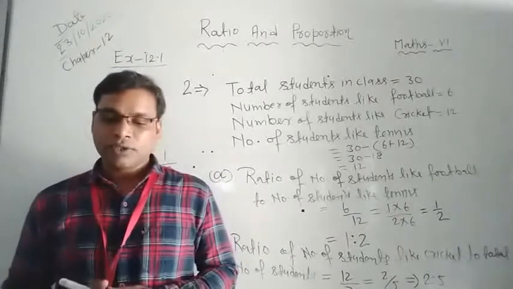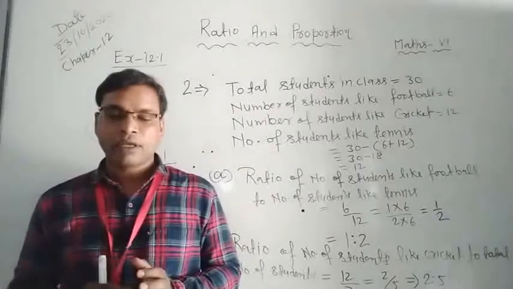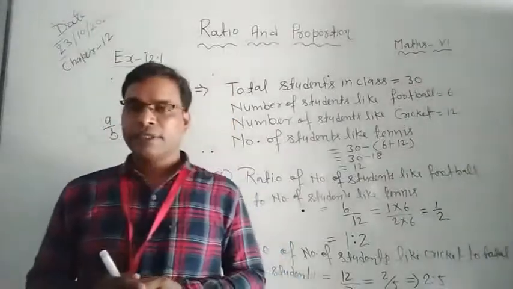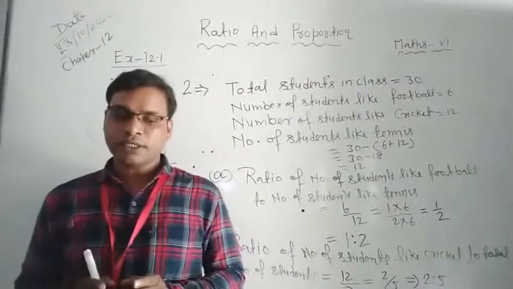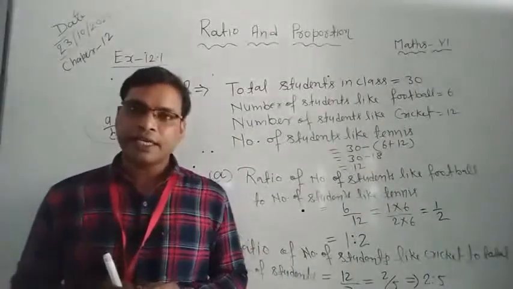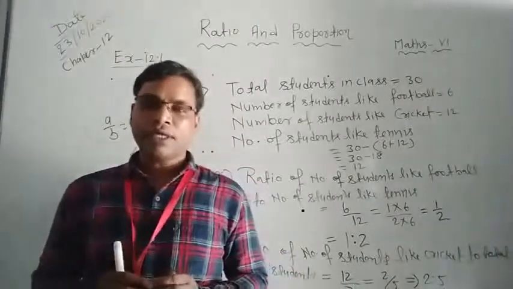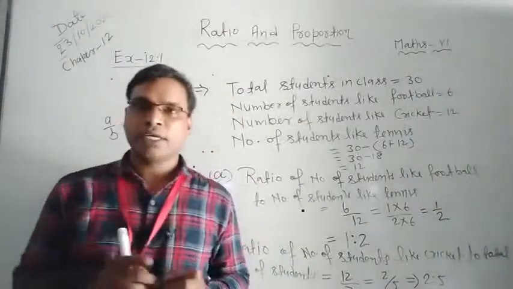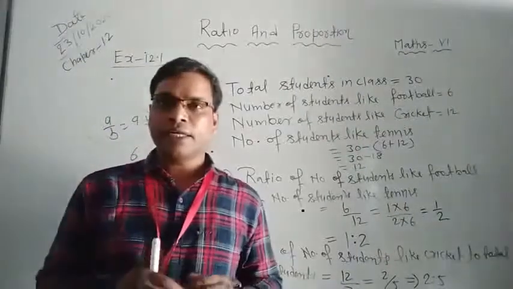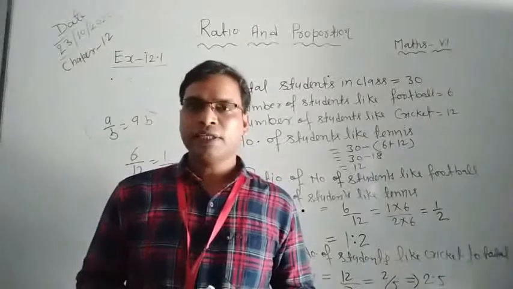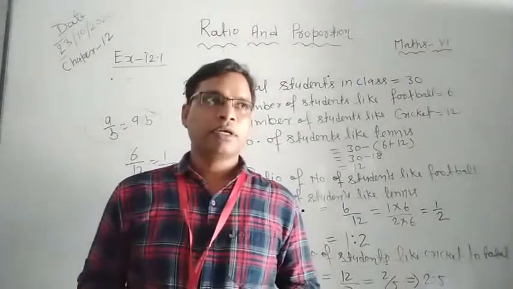In total there are 7 figures inside the rectangle, of which 2 are circles, 2 are squares, and 3 are triangles. We need to find the ratio of the squares to the circles, the circles to the rectangles, and the triangles to the squares. Let's see how to find the ratios.